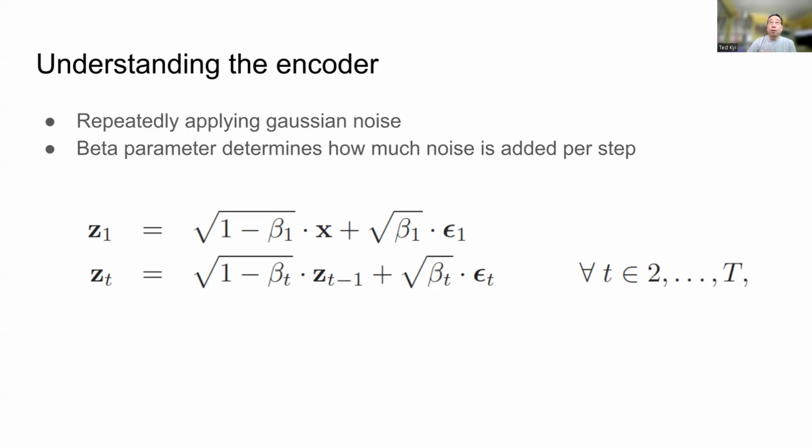When you have a linear process, lots of things when they weight stuff, it's just 1 minus beta times the first thing plus beta times the second thing. There are no square roots, because you're just doing linear weighting. In this case, because we're trying to preserve variance, that's where the square root comes from.